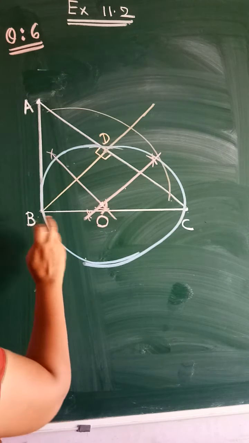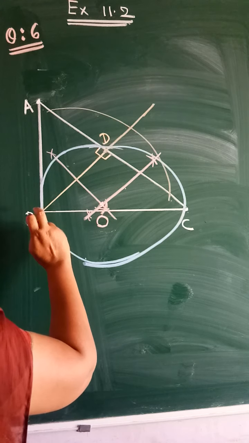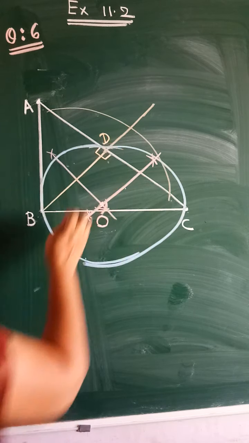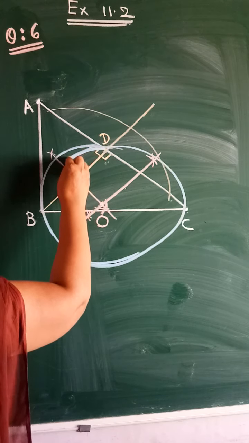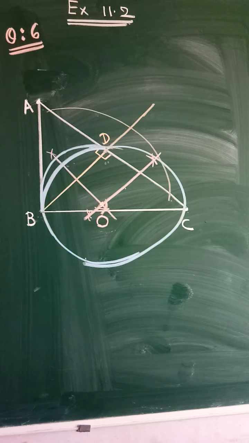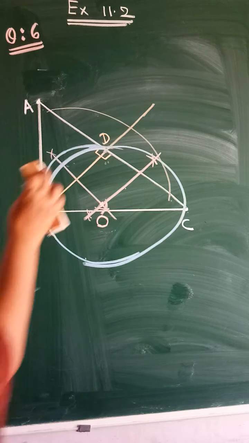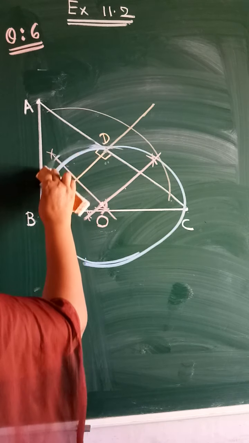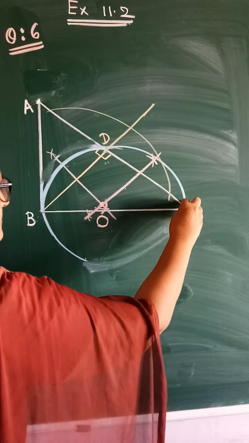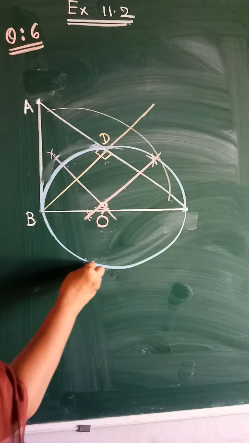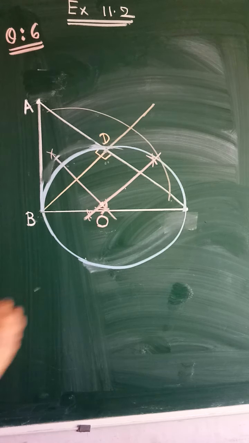So here now you can see the circle is passing through B, D and C. Here a little bit of the circle looks awkward, so I will just draw it properly. Now I hope it is looking like a proper circle.